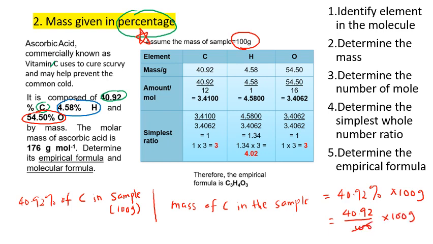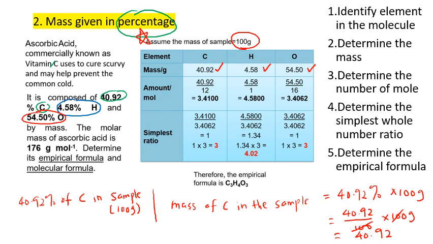So 100 and 100 cancel out. That's why you will get the mass of the carbon as 40.92, which is exactly the same as the value in the percentage. So the mass of carbon is 40.92, hydrogen 4.85 and oxygen 54.50.